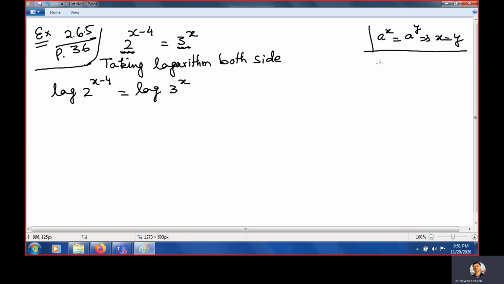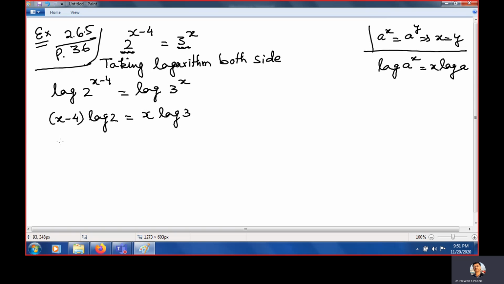And if you remember, there was a property: log of a power x equals x log a. This was the property. So this x minus 4 will move to the start: x minus 4 log 2 equals x log 3.